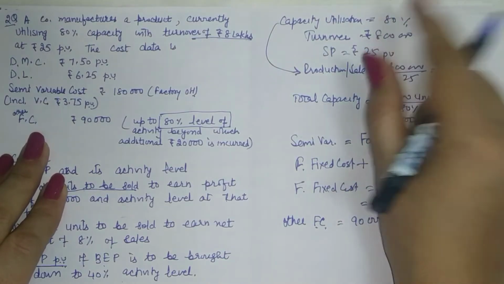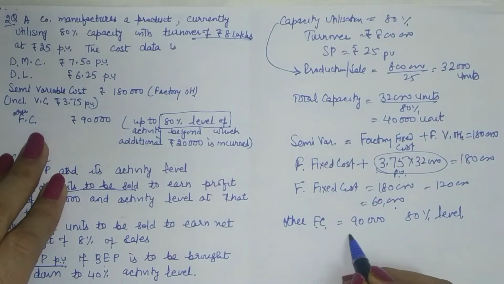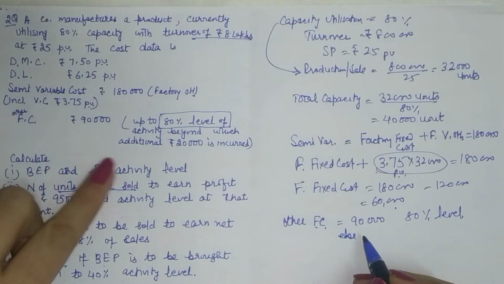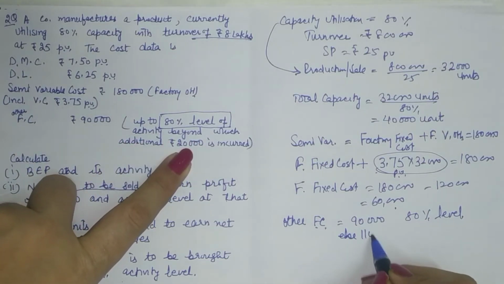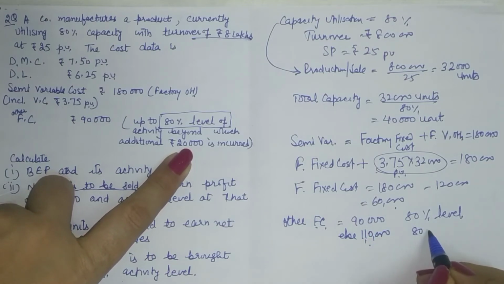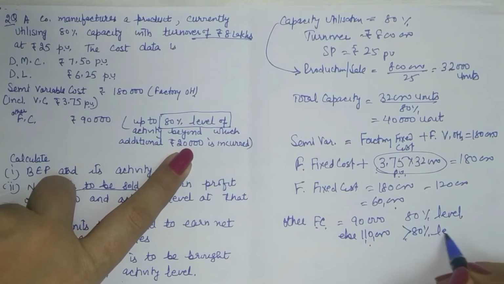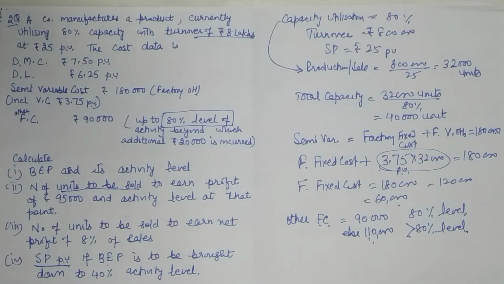Up to this level your cost is going to be 90,000, else for activity beyond this, 20,000 cost will be added. So your fixed cost is going to be 1,10,000 if your level of activity is above 80%.